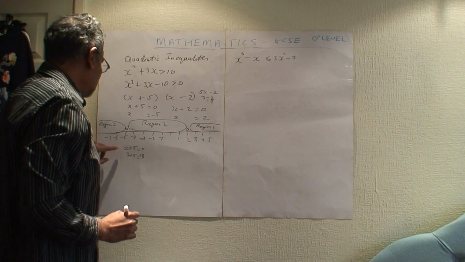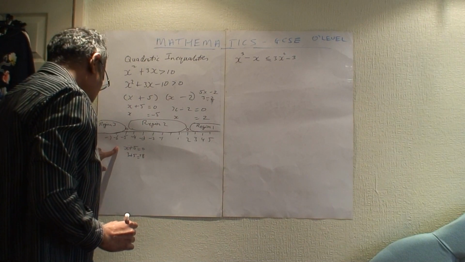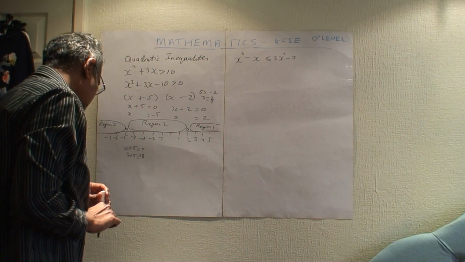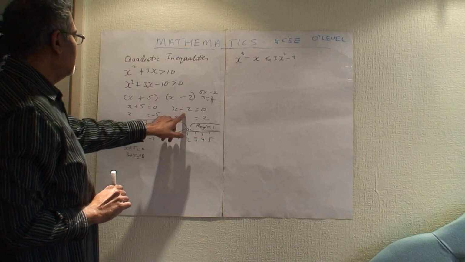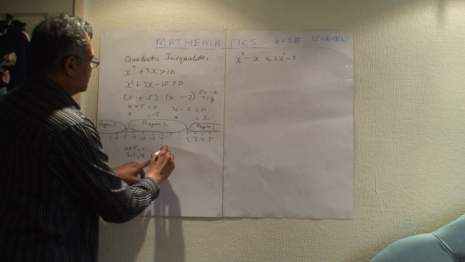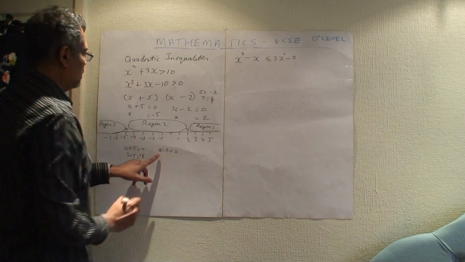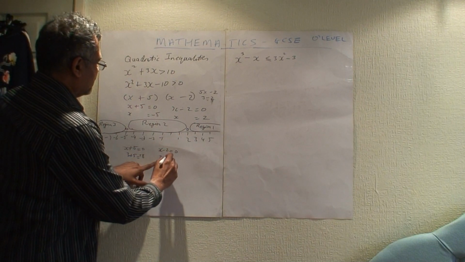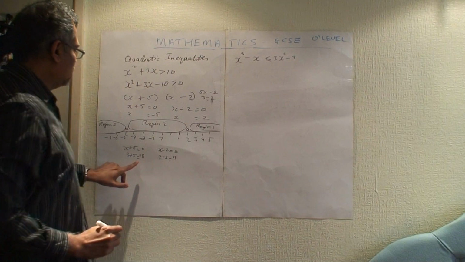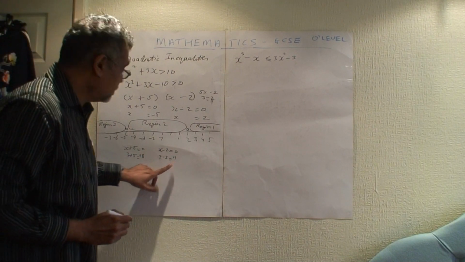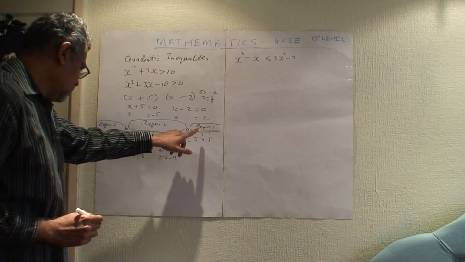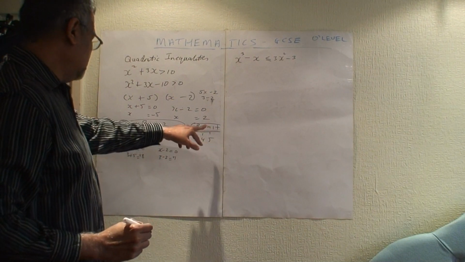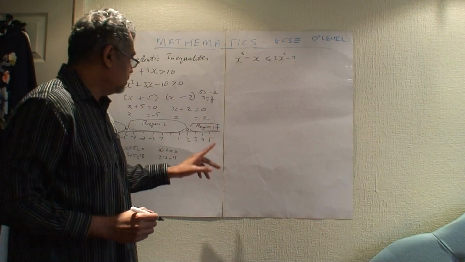We could use the other factor as well, x minus 2. If x is 3, then 3 minus 2 is 1. So we're getting positive values for both. So we can say that this region is positive.